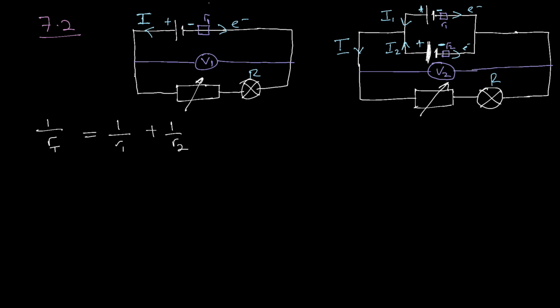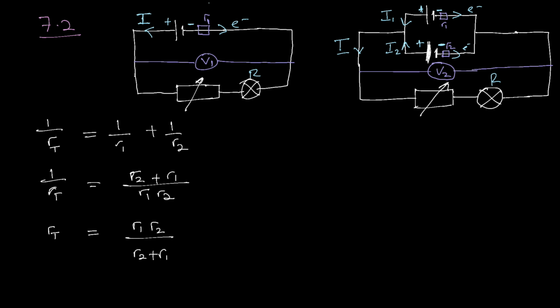In doing that, we can find the common denominator, which is R1 R2, and this will then give you R2 plus R1 over R1 R2. That's 1 over R total. So R total, if you do the reciprocal of both sides, is R1 R2 over R2 plus R1.